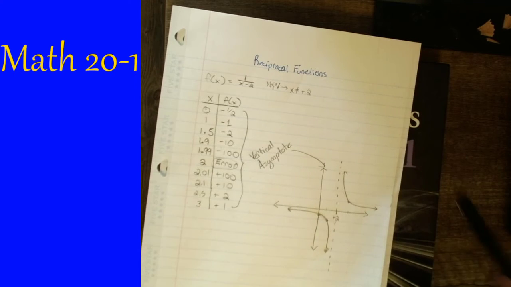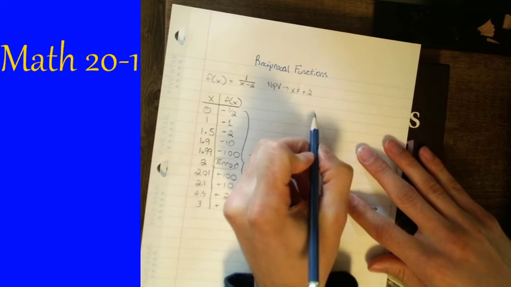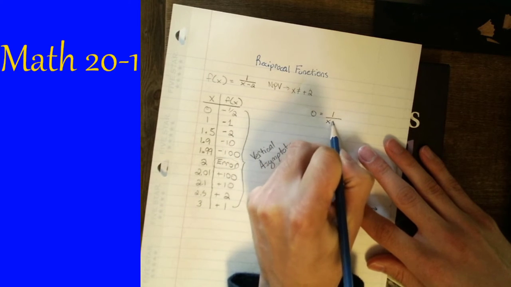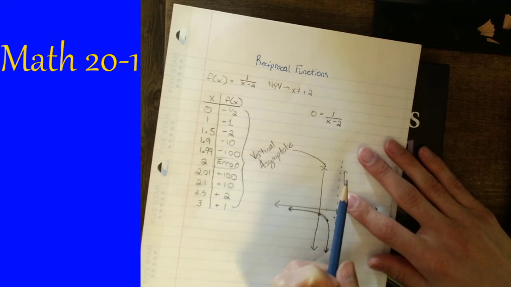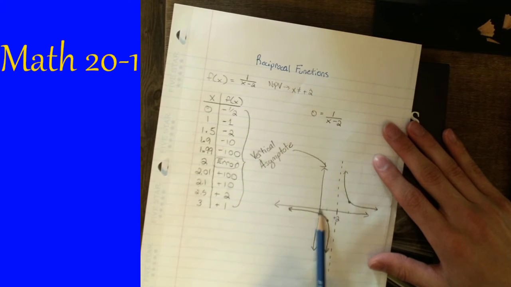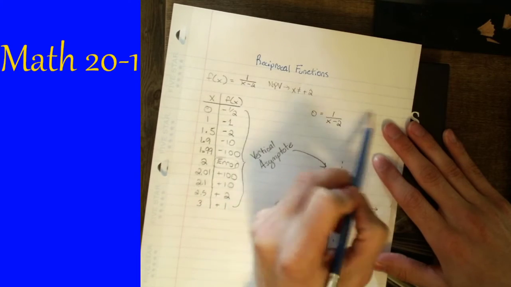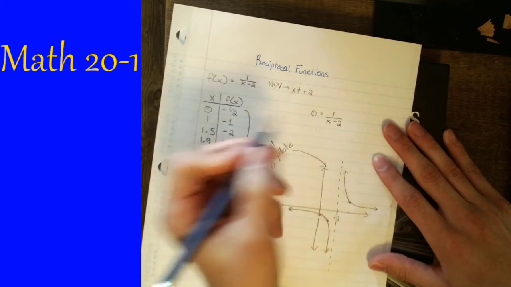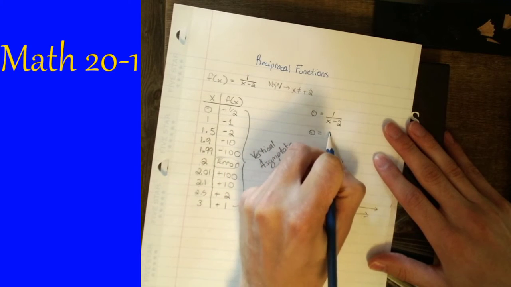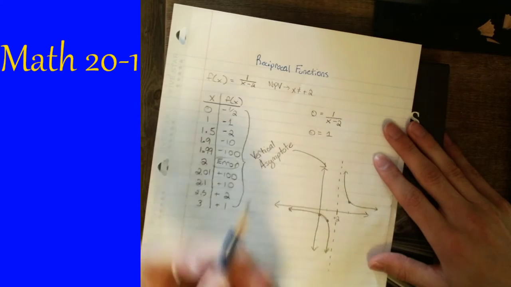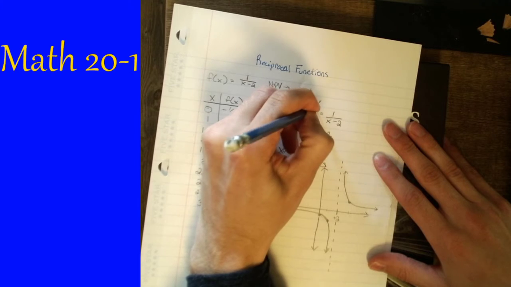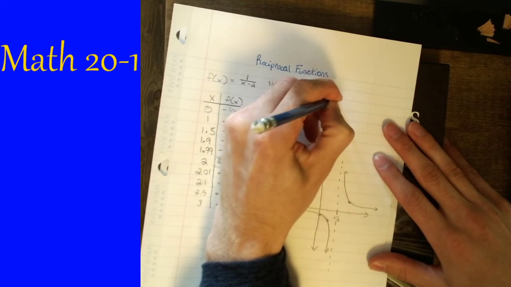And we can kind of look at that in an algebraic sense as well. Imagine that I asked you to solve this, because that's what we're looking for. When is the y value, or when is f of x 0? To solve this, you might say, okay, let's multiply both sides by x minus 2, but 0 multiplied by anything is still 0, and we maybe end up with this. This is kind of telling you that f of x isn't going to be 0.